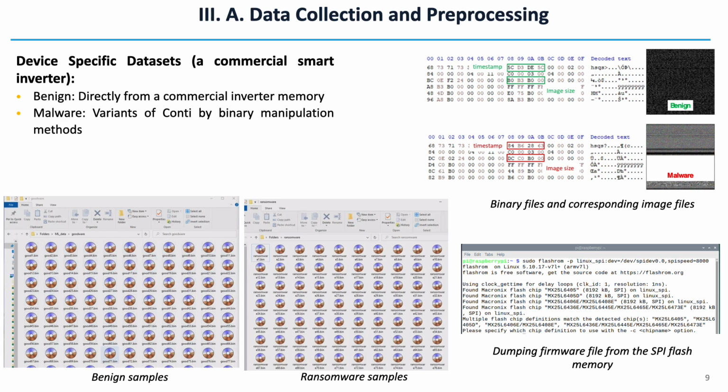The data collection and pre-processing is a technique that we've been using for a long time throughout various publications, and it is a very famous technique to convert binary values into images, and it has been studied widely in static malware analysis.